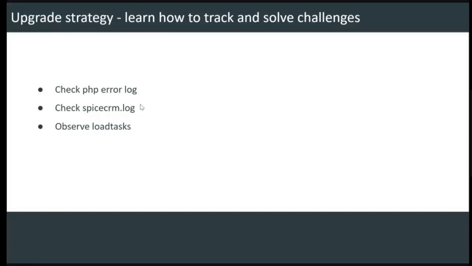They may already contain information about something that's not working. But most of the time when we have breaking changes, the problems occur during the login process, and it's about the load tasks that are called. So let me show you what I mean.